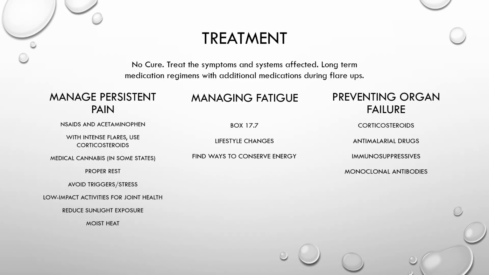If they have a flare-up that has really got some of the arthritic pain out of control, then they might use a short-term taper of steroids to help with that flare, to help with some of the pain as well. In some states, they can look at medical cannabis. It just depends on where you are.